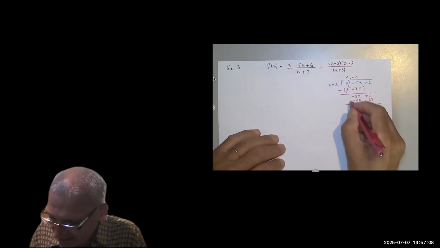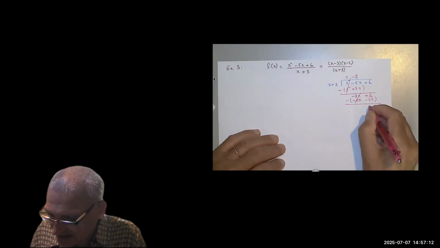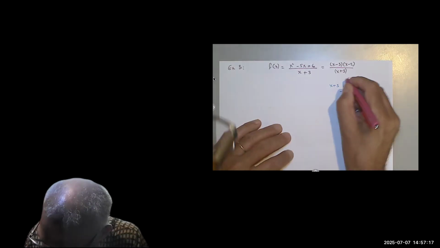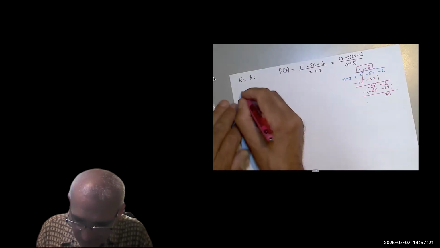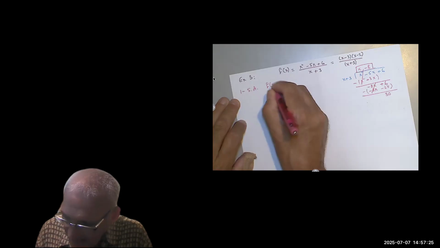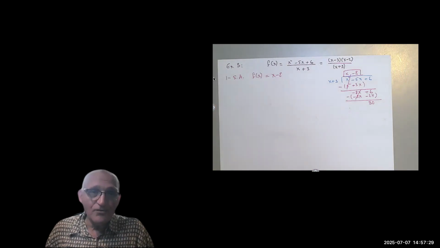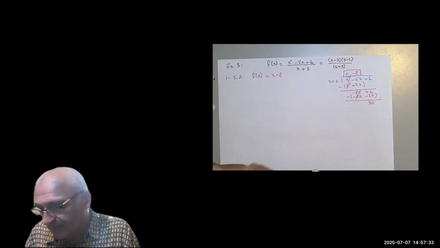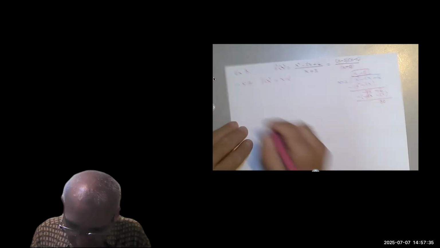I don't care about the remainder. The remainder here, as you can see, is positive 30 over x plus 3. I only care about x minus 8. So the slant asymptote is f of x equals x minus 8. That's a straight line with a slope of 1 and a y-intercept of negative 8. So that's what we found.